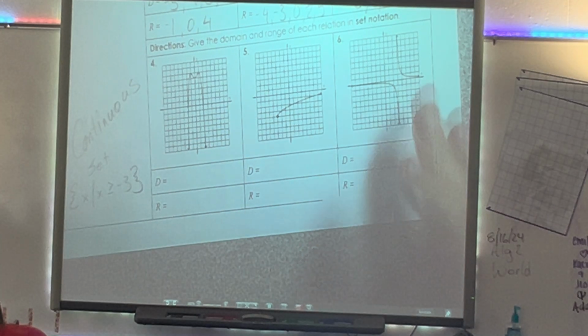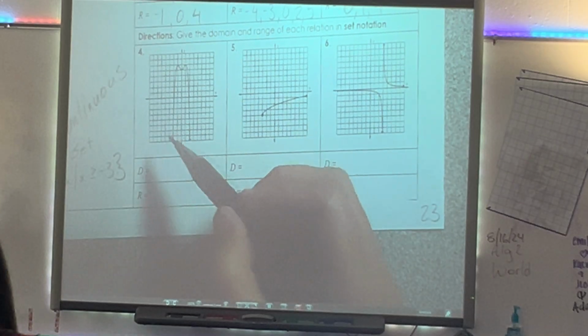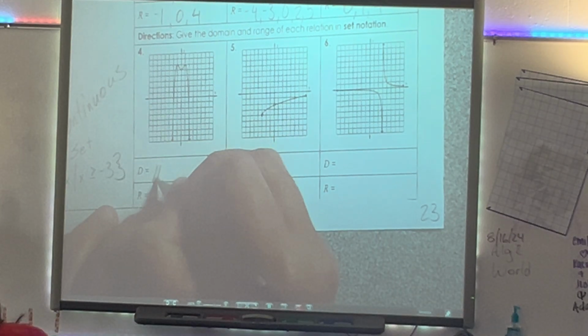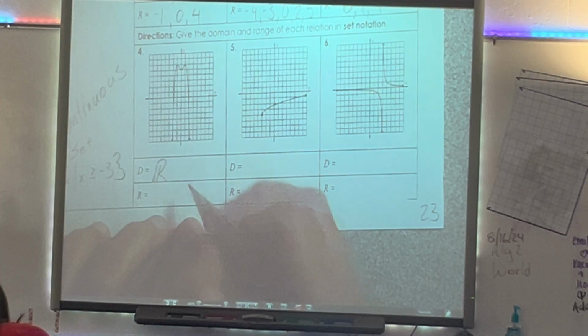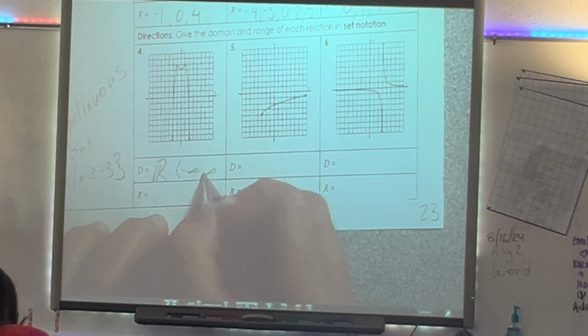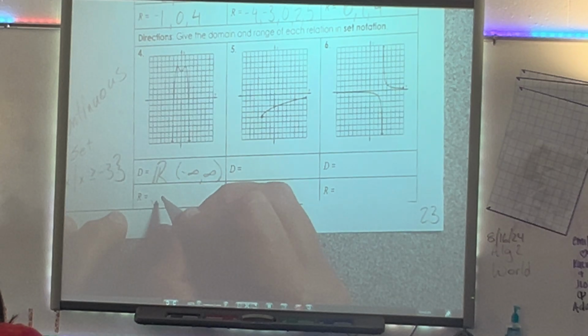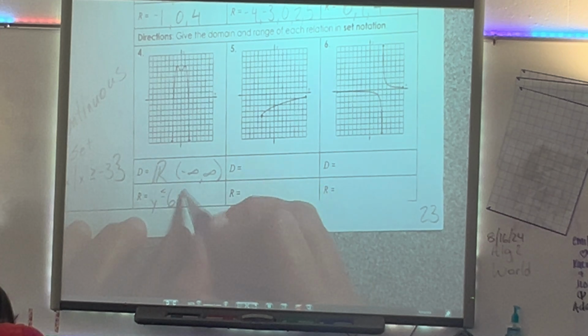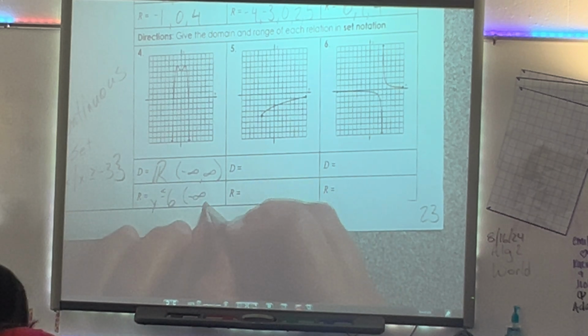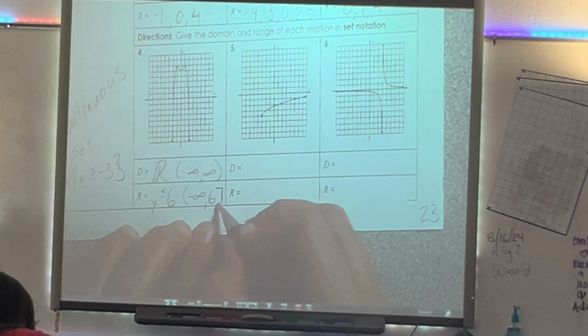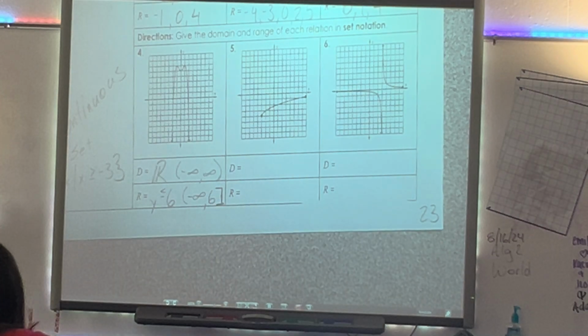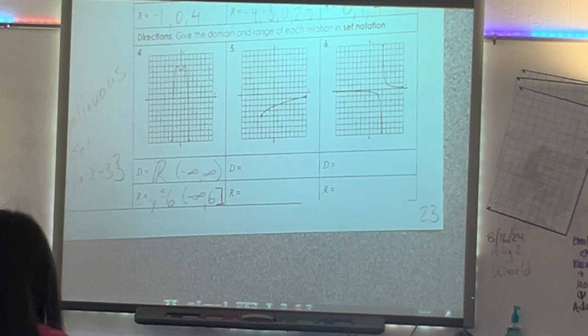Everybody okay there? Alright, so this one right here, typically we would write our domain as all reals. If they wanted it in interval notation, we would write it negative to positive infinity, just depends on how it's asked. I'm okay with either one. Your range here would be y is... Yes?